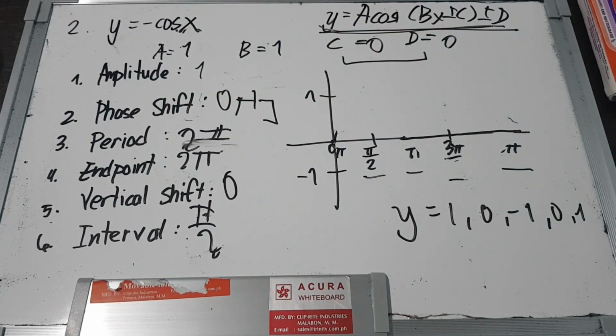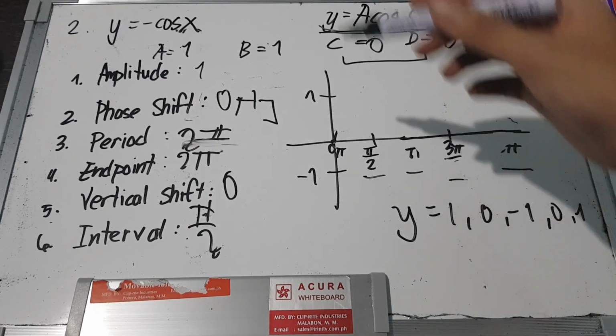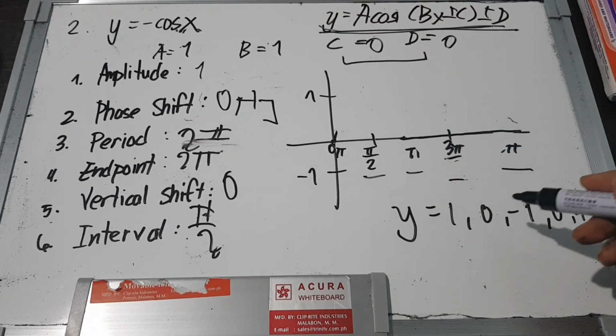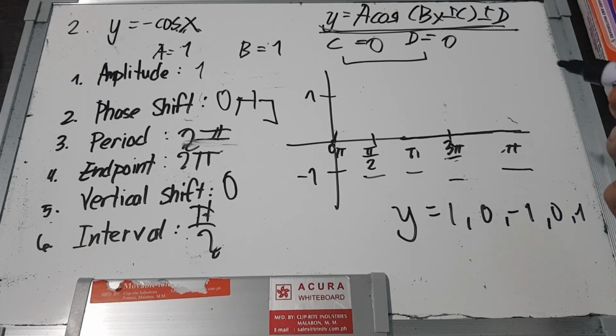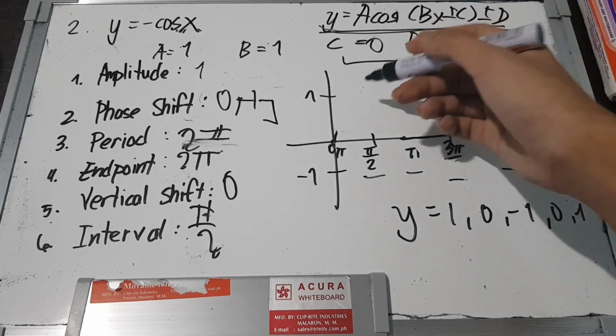Now, it's time to graph and plot the points. But first, we need to get the y values of cosine graph, which would be 1, 0, -1, 0, and 1. But of course, we won't just graph it, because as we can see, it is negative. And because it is negative, we have to mirror the graph, or we have to start from the negative.